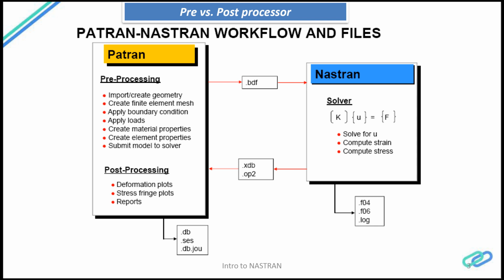And F04 is a binary file, and F06 is again a type of file that NASTRAN produces. It prints all the element stresses and element loads, reaction loads in this file F06. It is one of the important files, same as BDF file.